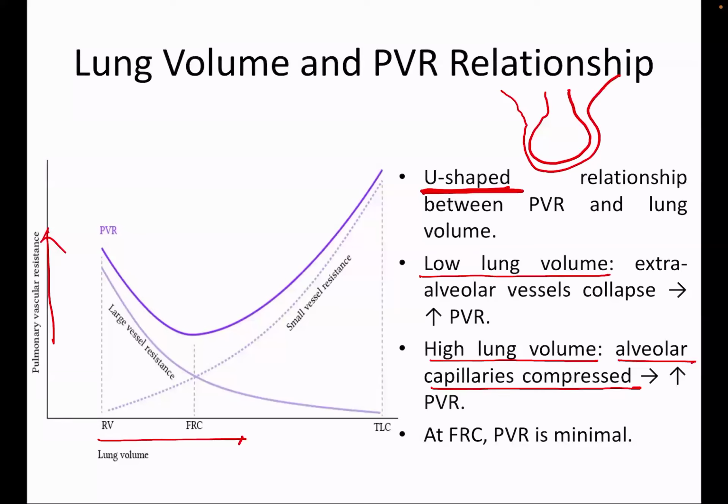This is compressed at high volumes. So when there is excess inflation of the alveolus, it will compress this vessel and contribute to increased PVR. And if the lung is not getting ventilated, that part will collapse. When that collapse occurs, it compresses these extra-alveolar vessels, ma'am. So it increases the PVR.